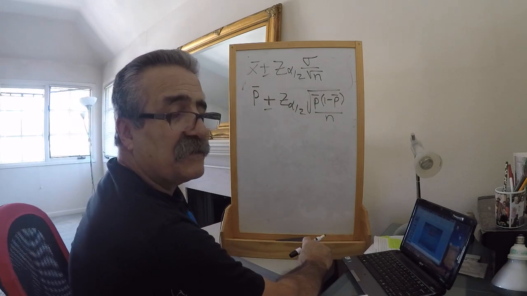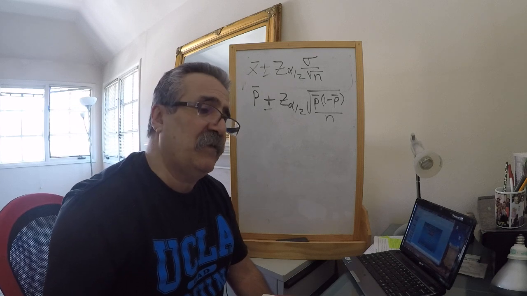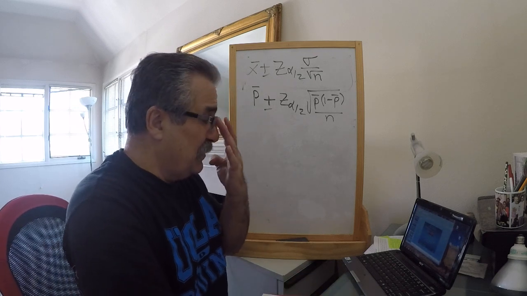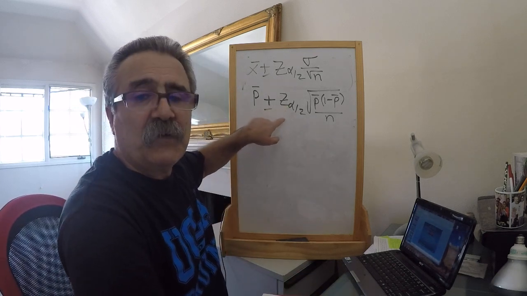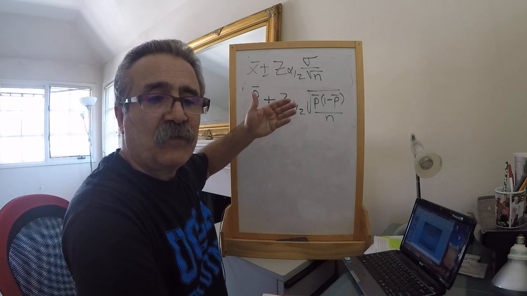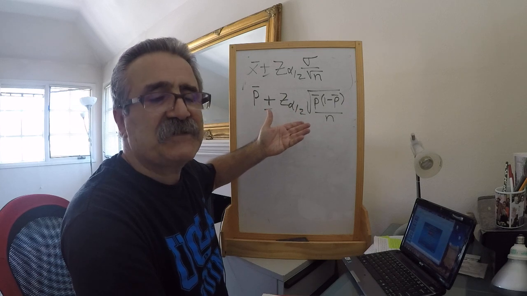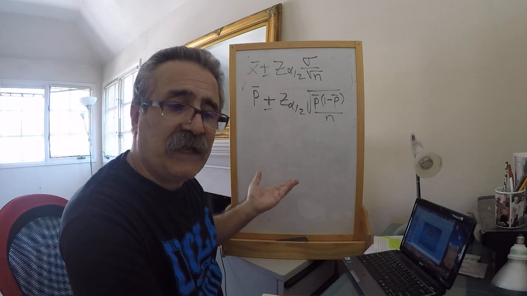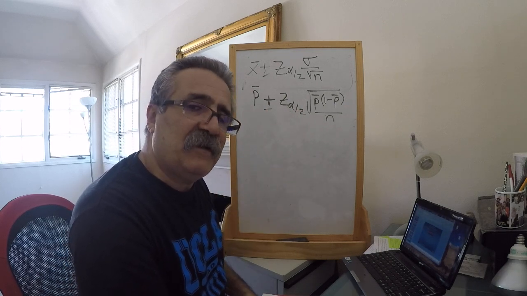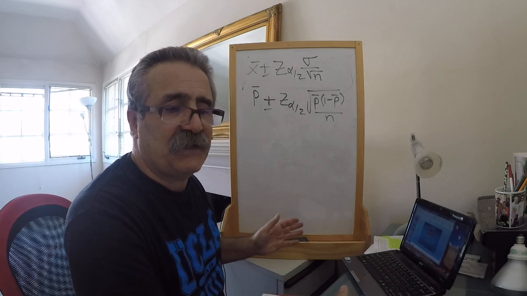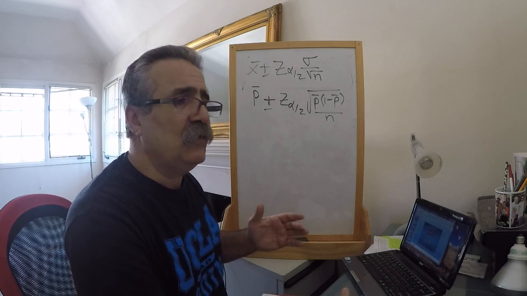So everything else is going to stay the same. What do I mean by everything else? We're going to use the Z table to find the Z sub alpha over 2. We have 90%, 95%, 99%, or we could have 80%, 85%, or 70, whatever percentage for the confidence interval.